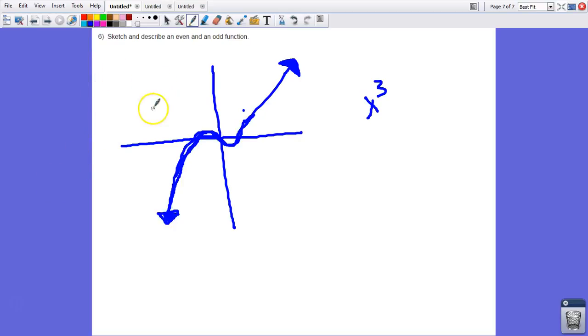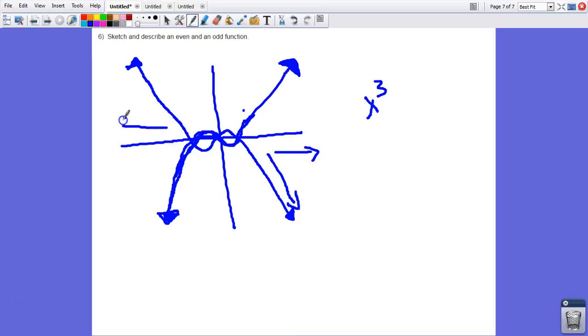If we look at the parent function for negative x cubed, it just flips it over here. Right? Okay, so even though now as x goes to positive infinity, y goes to negative infinity, and then the opposite is happening here, okay?